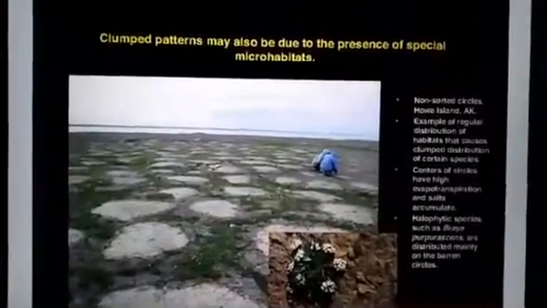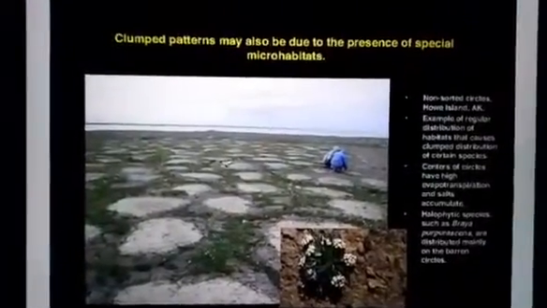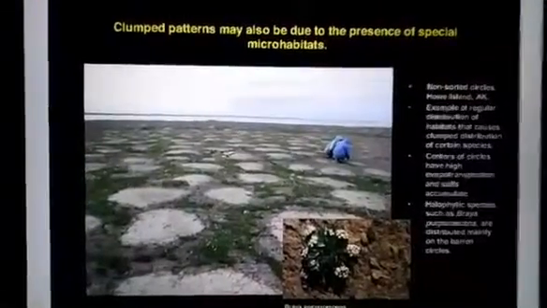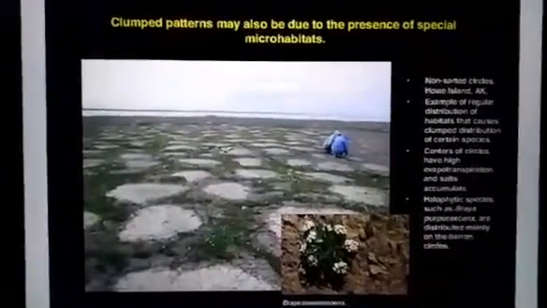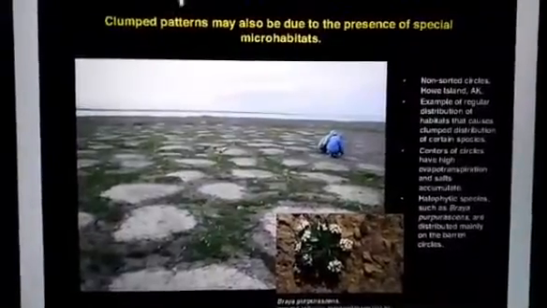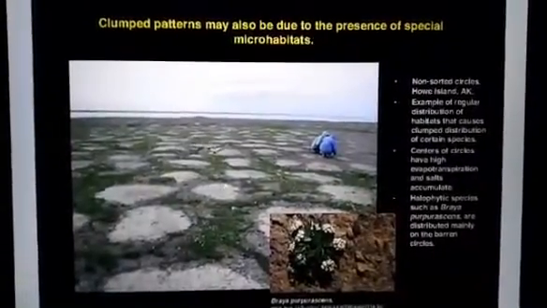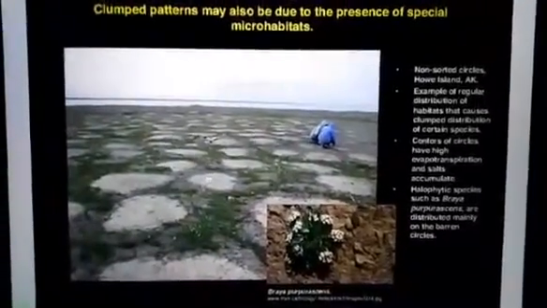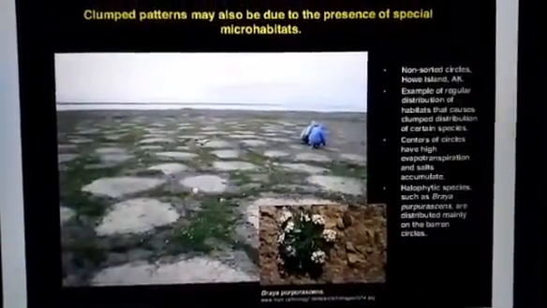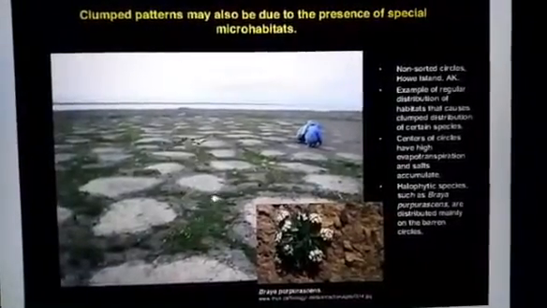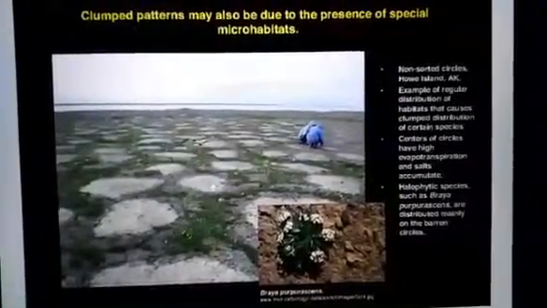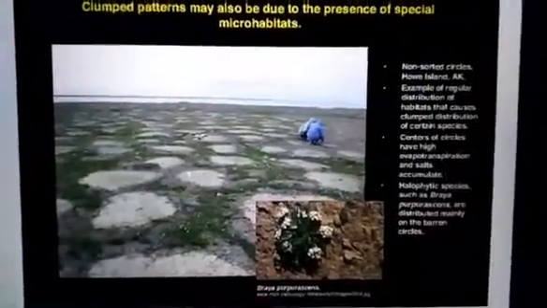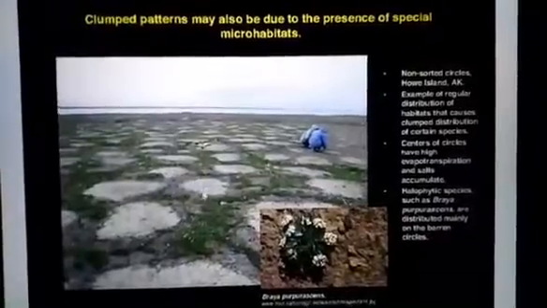So here we have an example of a clumped pattern. This is due to the presence of some special microhabitats, some environmental features. It is said here that on the barren land we have high salt accumulation, which means only species which are adapted to salinity can survive in those bare patches.